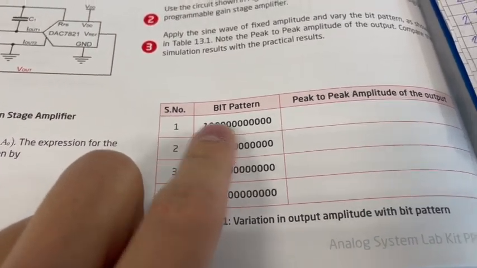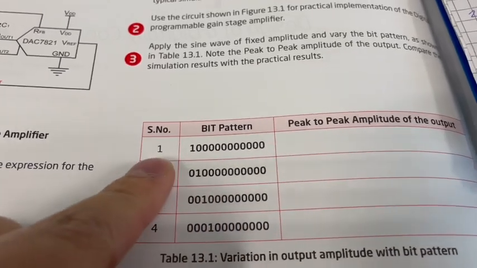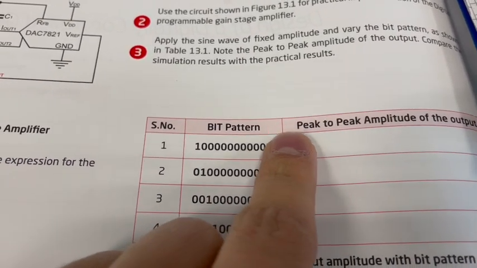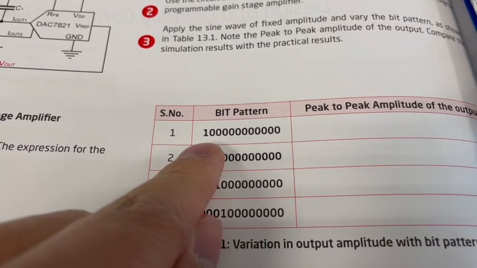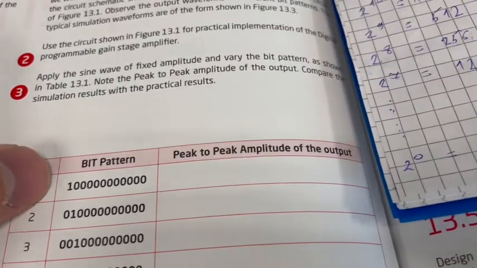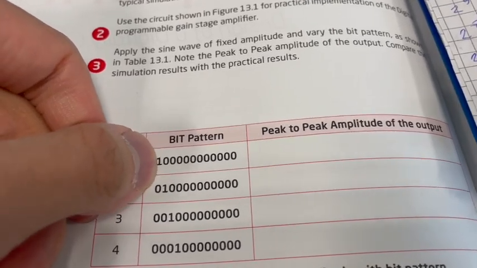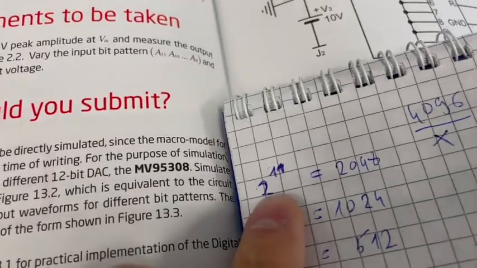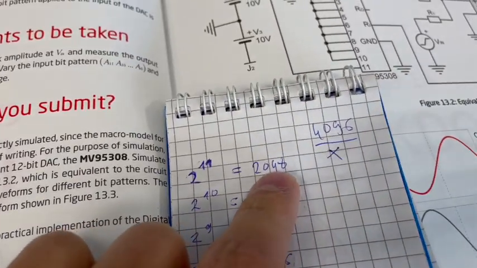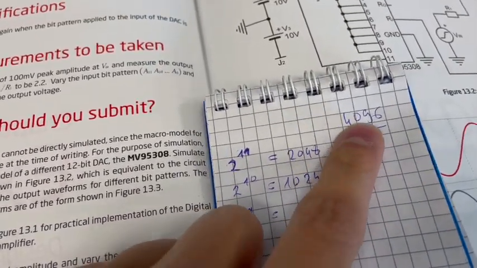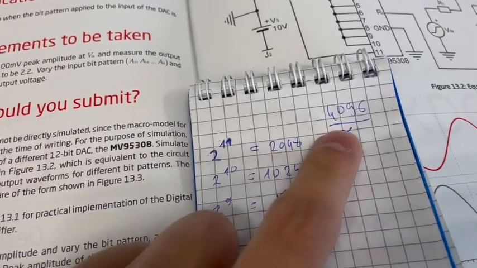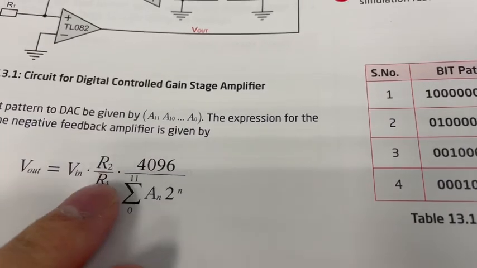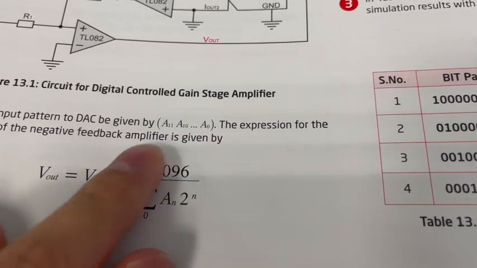Basically, this pattern has 12 digits. If you go from right to left, the positions are 0, 1, 2, 3, 4, 5, 6, 7, 8, 9, 10, 11, and this one is in position 11. So 2 to the power 11 is 2048. 4096 divided by 2048 is 2, and we're going to have a gain of 4.